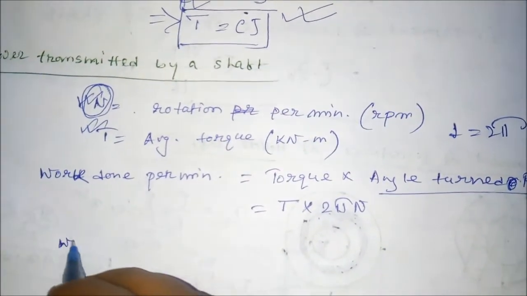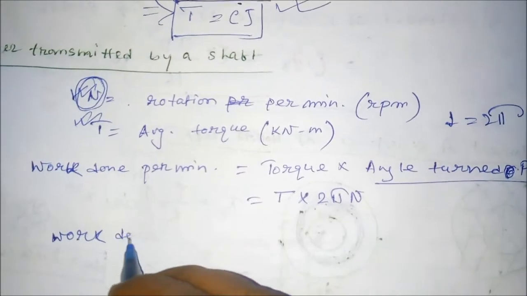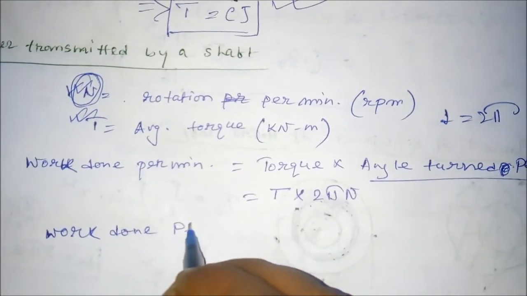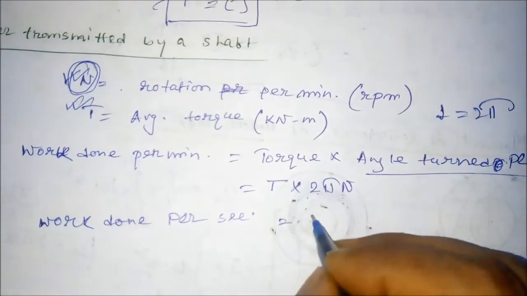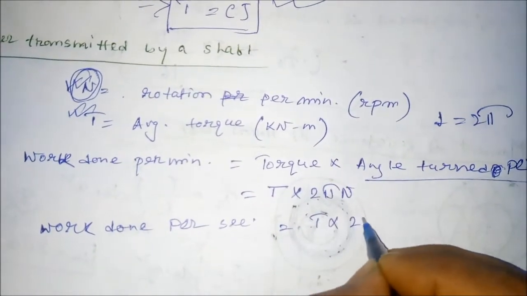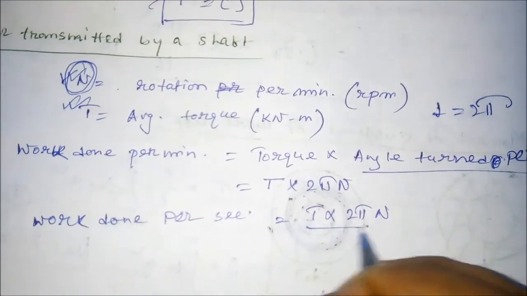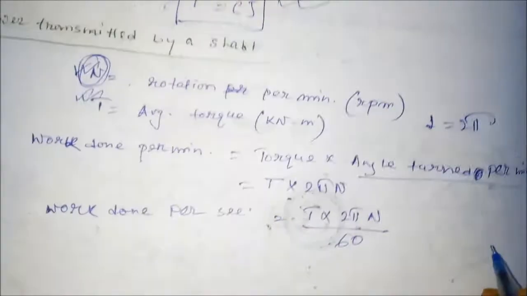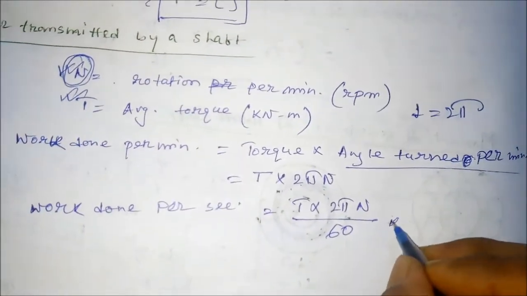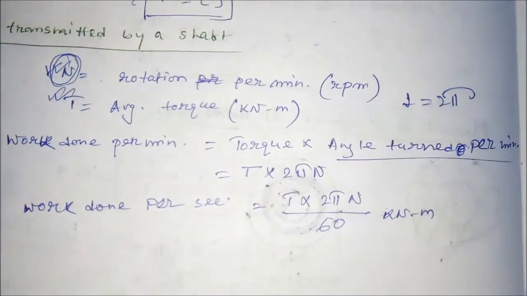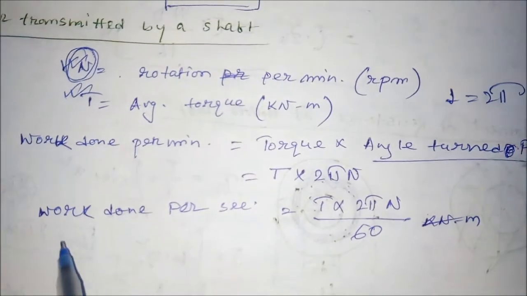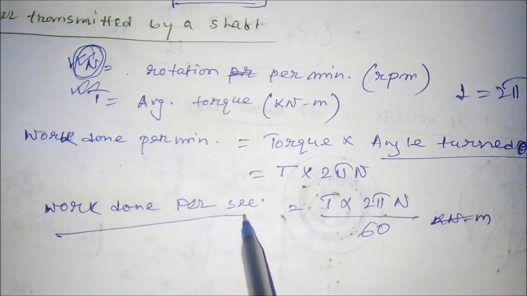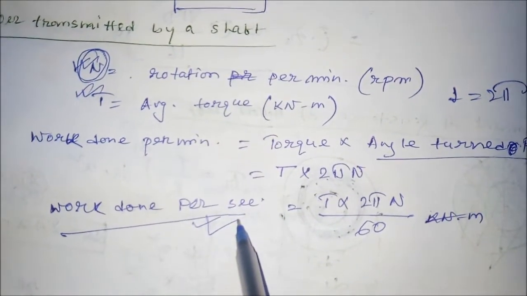Now if you want to find out the work done per second, then this will be T multiplied by 2 pi N by 60, right? What will be the unit? This unit will be kilonewton meter. And we know that work done per second is nothing but the power, right?